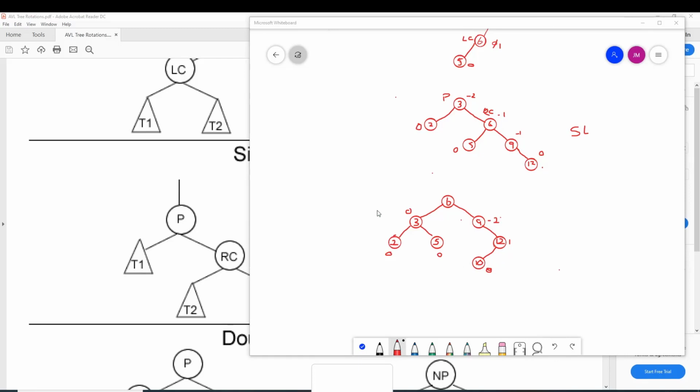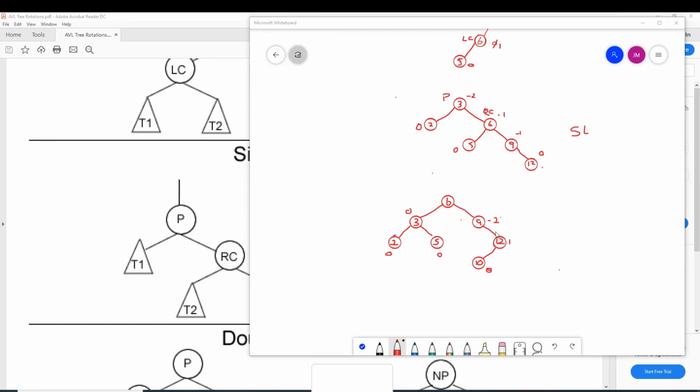So it really wasn't necessary for me to do these on the left. So from the 10, its balance factor is a 0, it's a leaf. The 12 has a balance factor 1 minus 0, so a 1, and the 9 is a 0 minus 2, so that's a negative 2, which makes it out of balance.